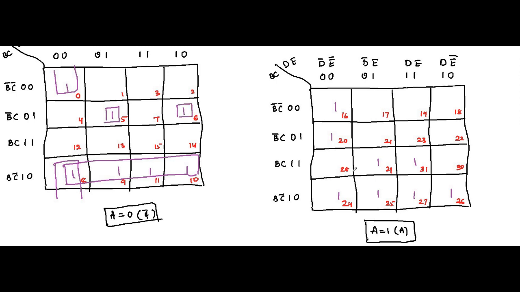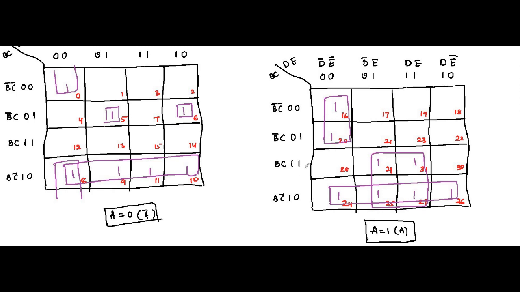Here for the second K-map, focus on cells 24, 25, 26, 27. A quad can be formed here. Then focus on cells 29, 31, 25, 27. Another quad can be formed here. Then focus on cells 16 and 20. A pair can be formed here.